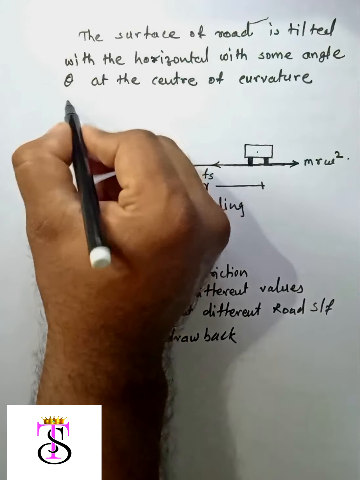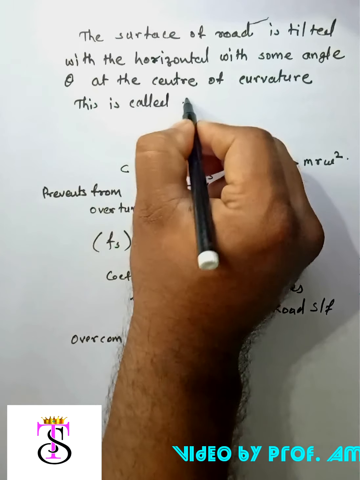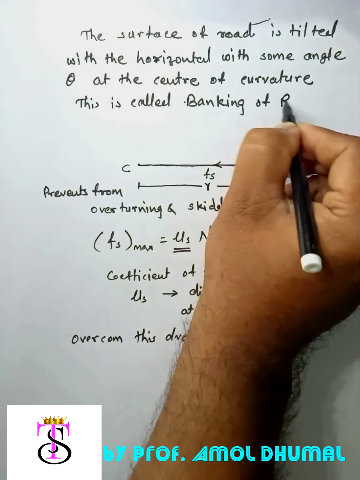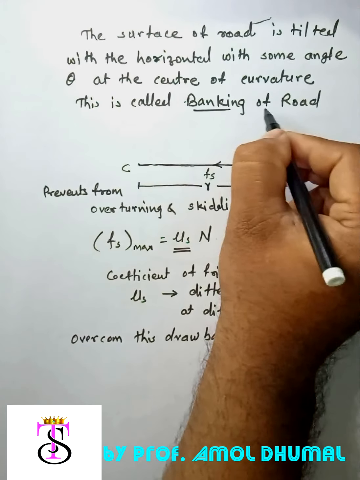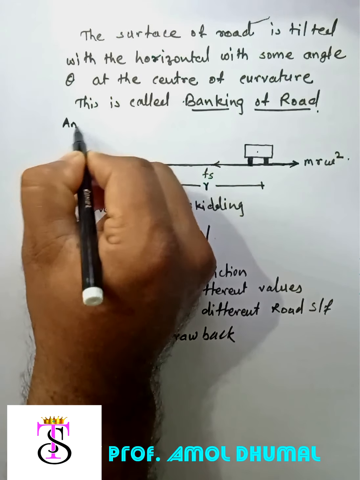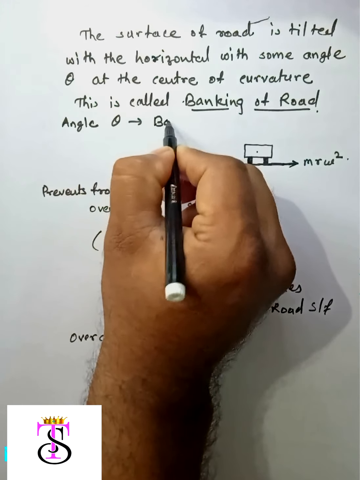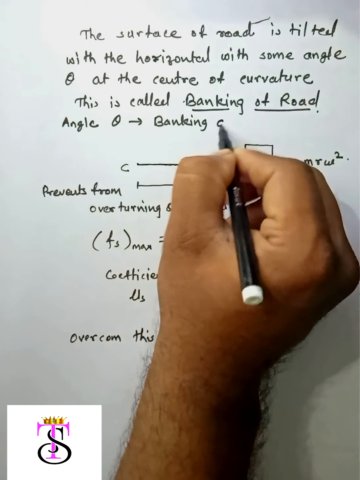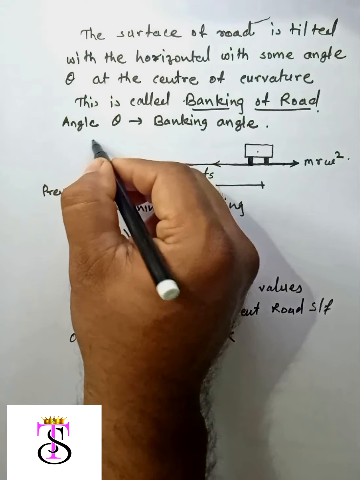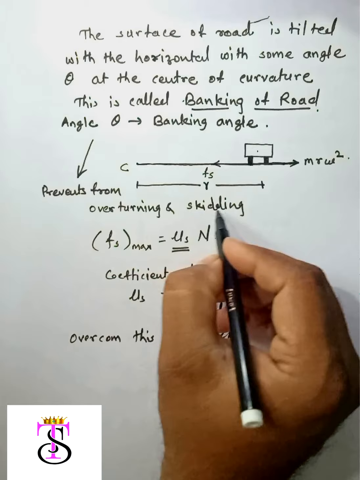This is called banking of road, and the angle theta is called the banking angle, and this is used to prevent the vehicle from overturning and skidding.